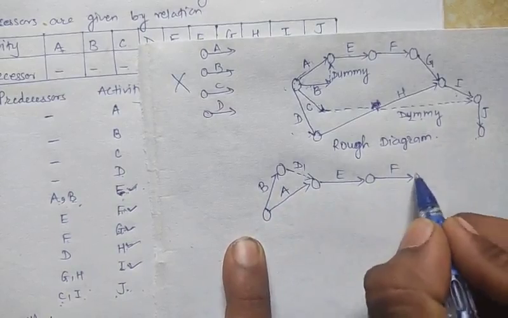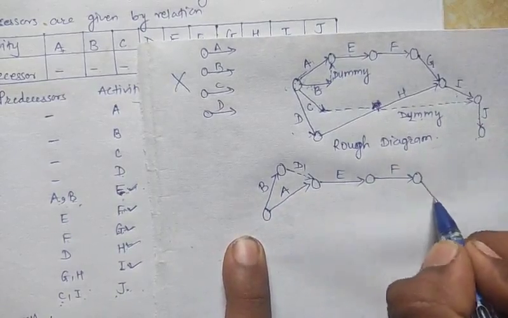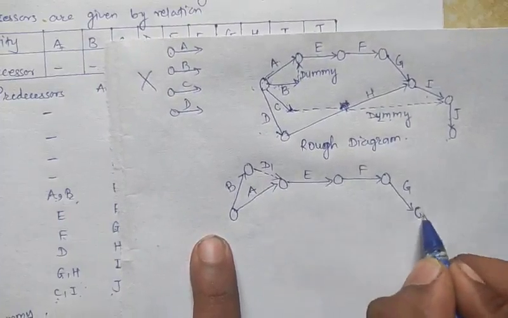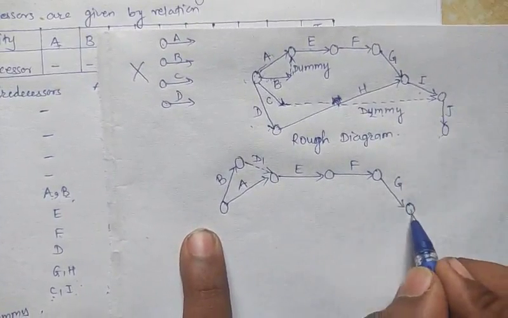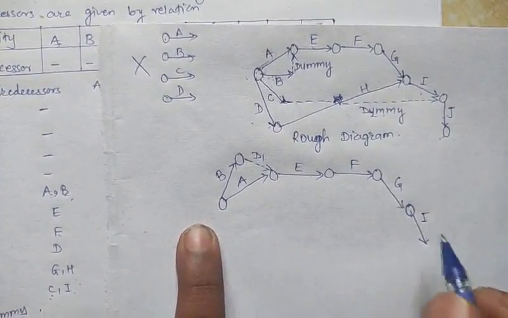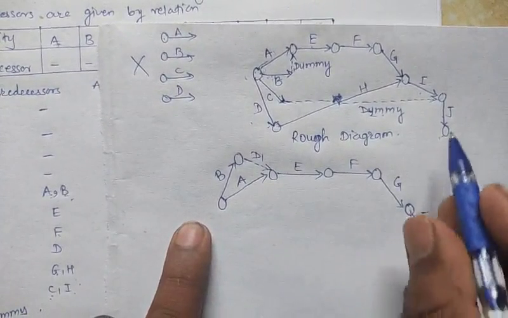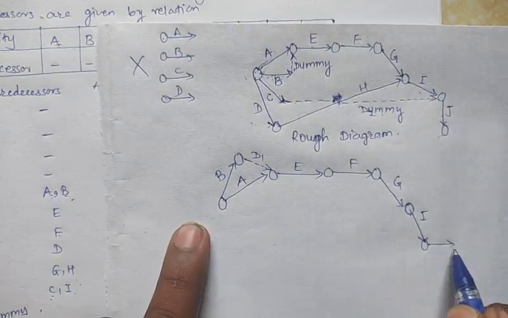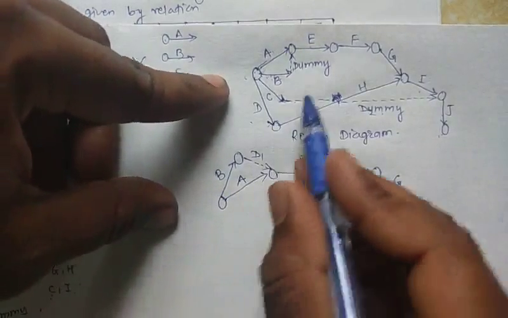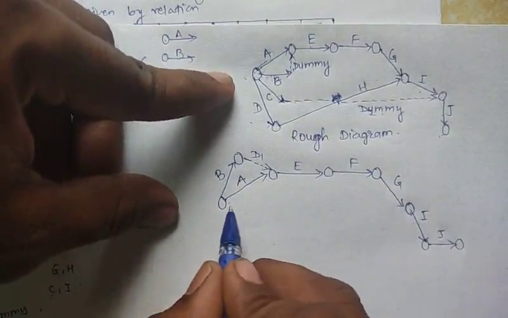Here suppose this is G. Next this is I and last this is J activity. Here I will take D as under.